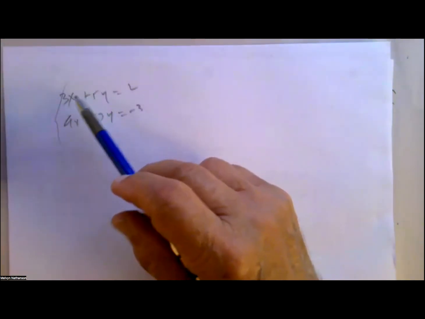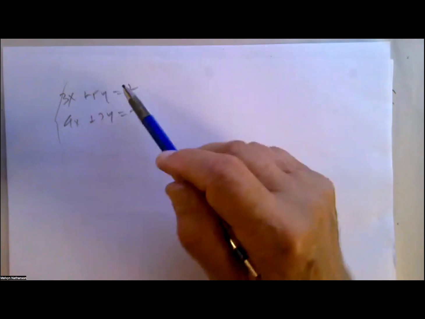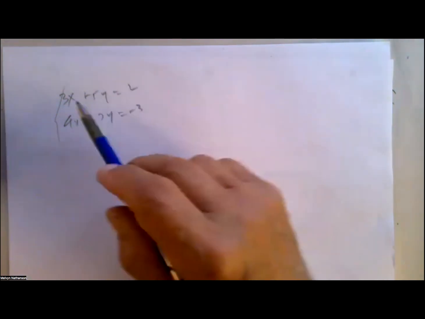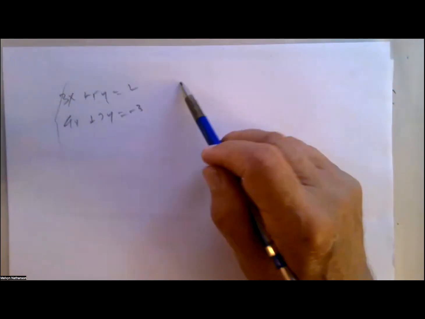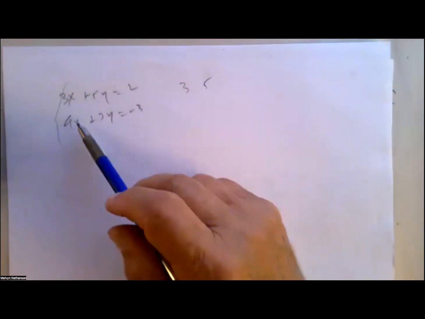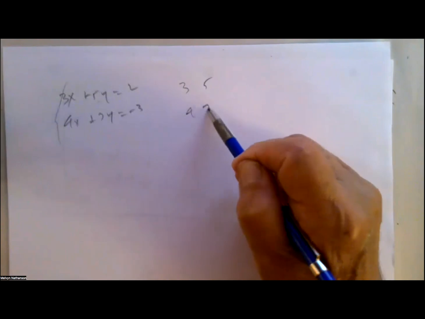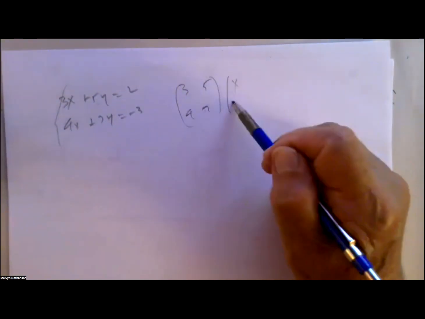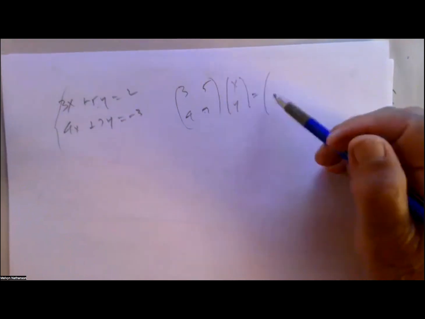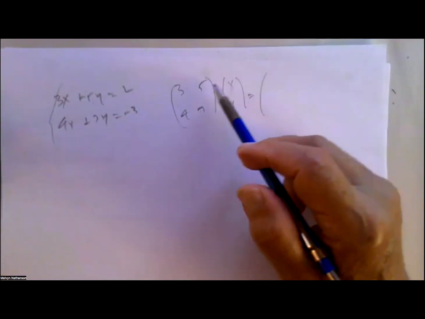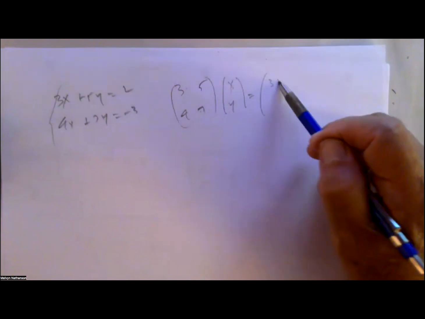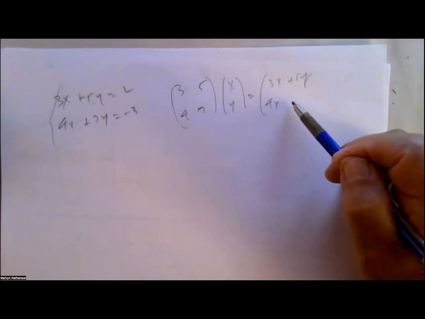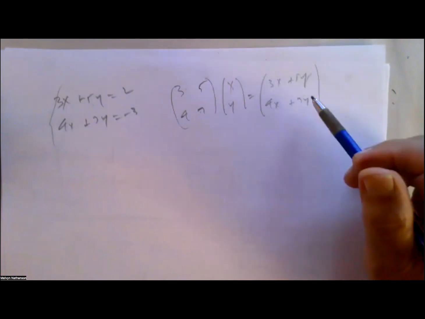If I write the matrix of coefficients of the equations, these are the coefficients of x and y on the left-hand side, I have 3, 5, 4, 7. So if I take this matrix and multiply it by the vector x, y, I'm going to get the vector, just matrix multiplication, 3x plus 5y, 4x plus 7y.